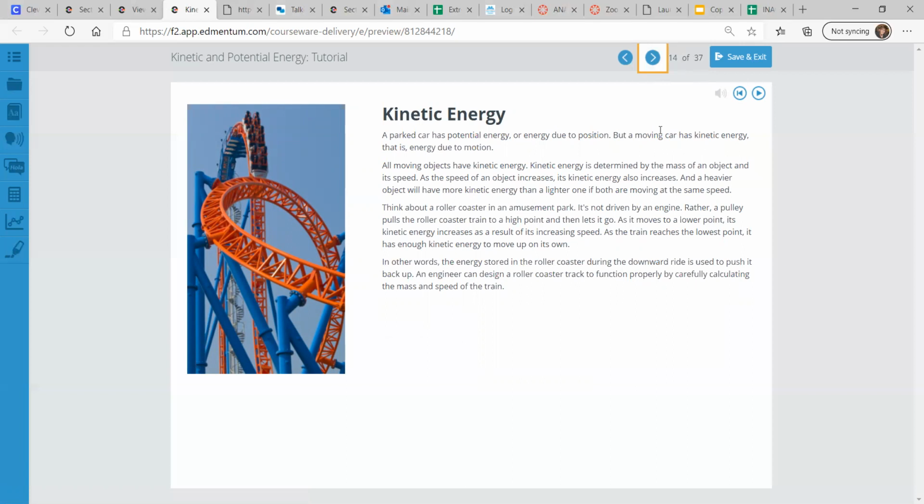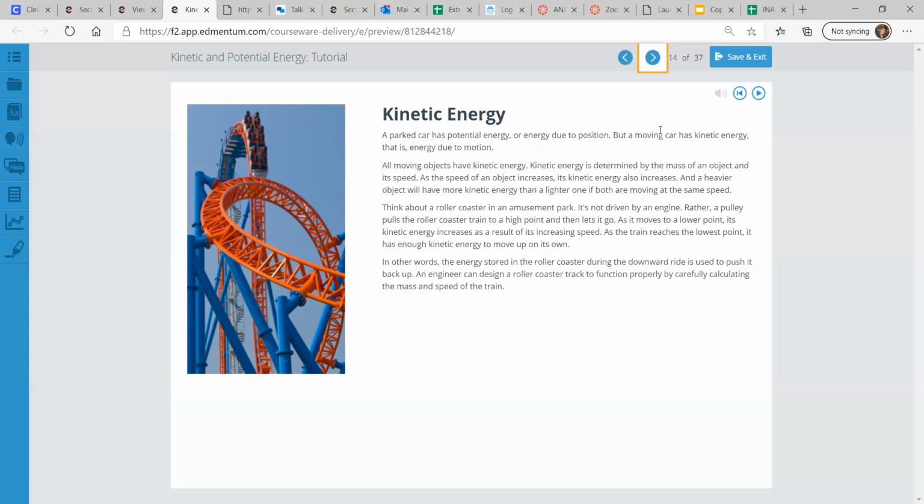Think about a roller coaster in an amusement park. It's not driven by an engine. Rather, a pulley pulls the roller coaster train to a high point and then lets it go. As it moves to a lower point, its kinetic energy increases as a result of its increasing speed.